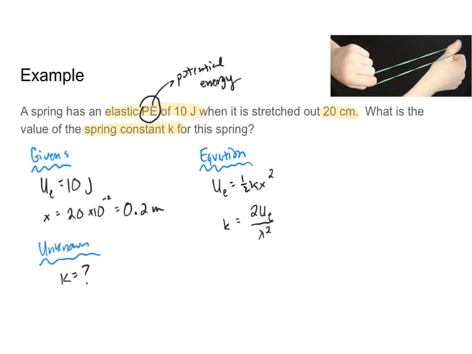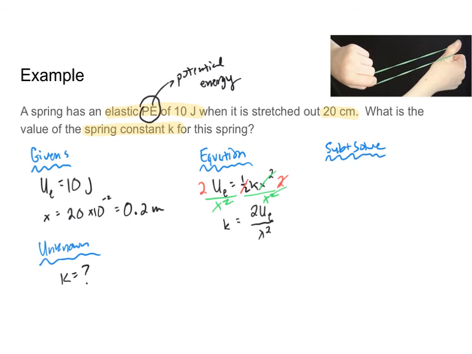And I got that by multiplying both sides by 2 to get rid of that 1/2, and dividing both sides by x squared to get rid of the x squared and put K by itself. And I like to do this in my equation step because often I'll find that things will cancel and it makes life a lot easier. So let's go ahead and sub and solve.